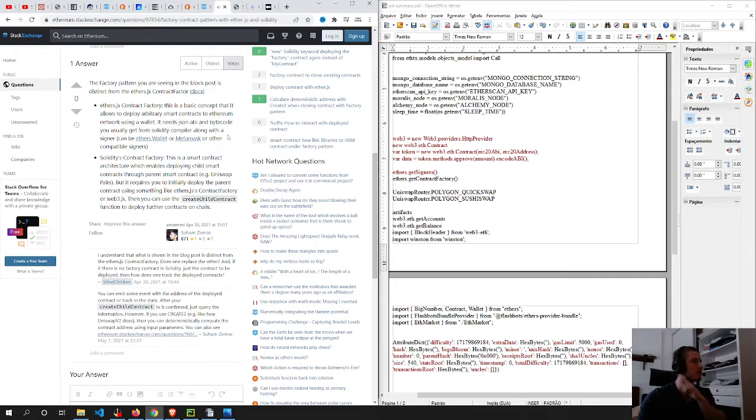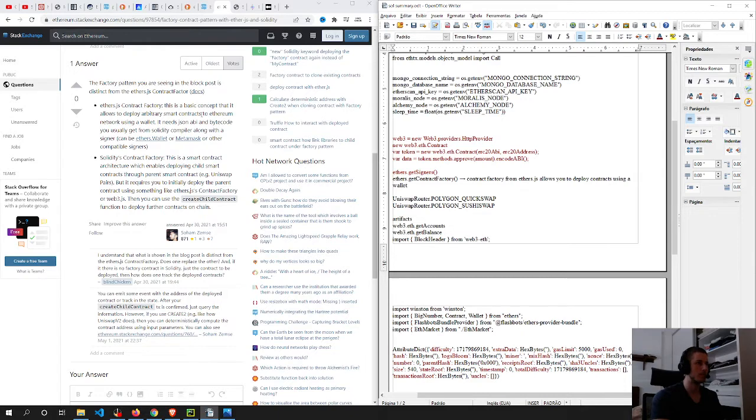So the contract factory from Ethers.js allows you to deploy contracts to Ethereum using our wallets.